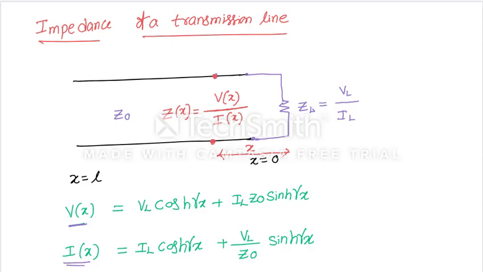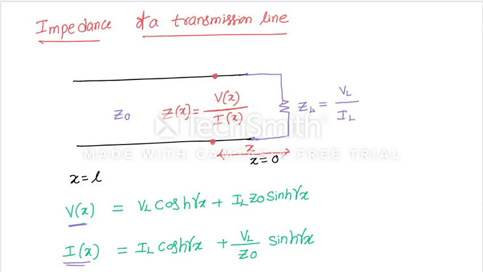What is Z of x? It is the impedance at the corresponding location. Z of x is given as V of x by I of x, that is, the voltage at the corresponding location to the current at the corresponding location gives the impedance at the corresponding location.